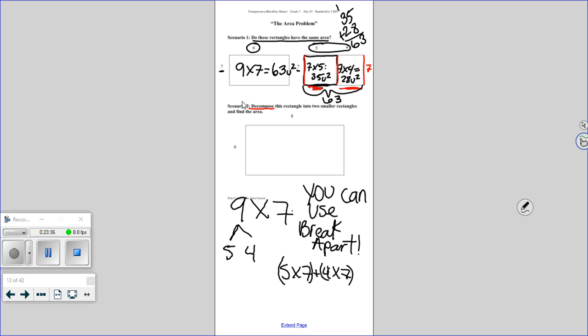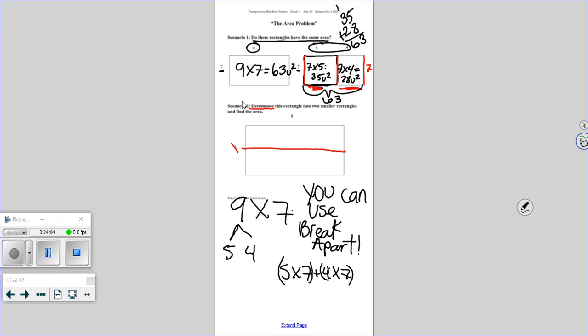All right, which side would you like to break apart? I have a 6 on the side, and then I have an 8 on top. It doesn't matter to me whichever side you would like to break apart. Grayson, what side do you want to break apart? 6. You want to break apart the 6. All right. So on your rectangle, cross out your 6, and we're just going to draw a line. Now, obviously that looks like we split it in half.